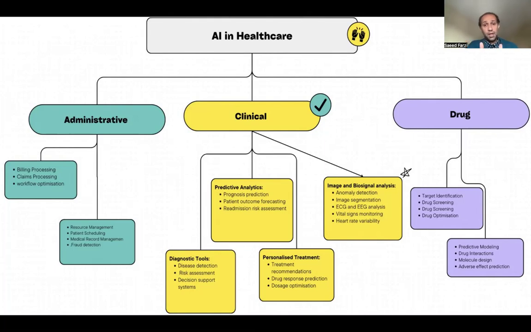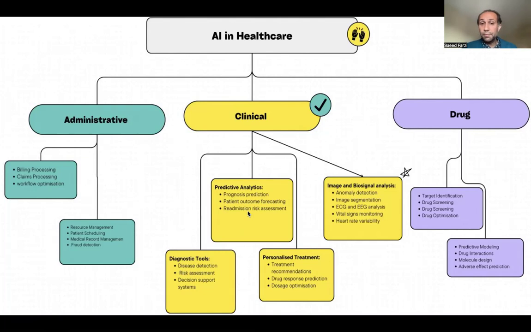Another group is the clinical class. The clinical class is also grouped into four different subclasses. The first one is the diagnostic tools. This is prediction. It's a very famous application.